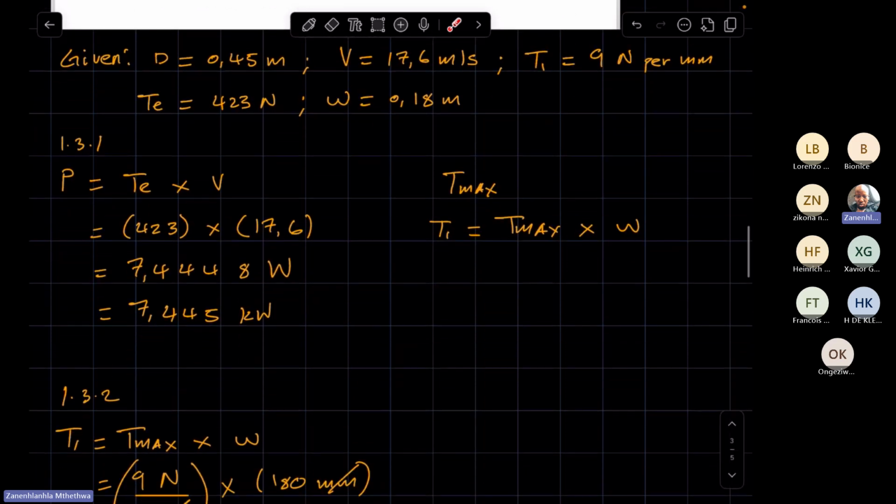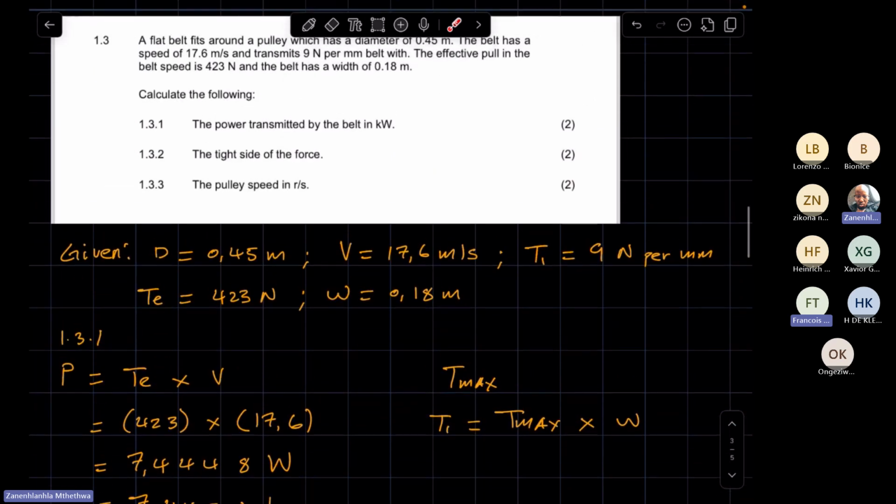Sounded like someone was saying something. So are they only going to offer us one pulley rather than two pulleys? So you have to calculate one and then the other one as well.